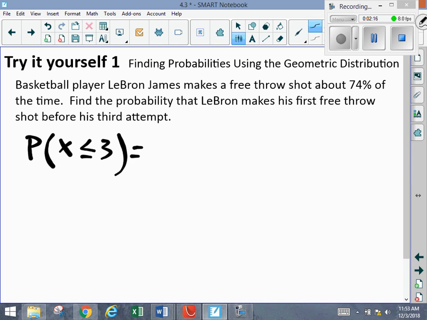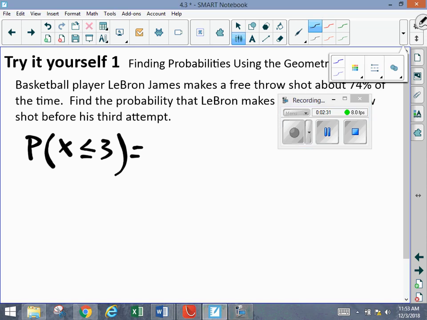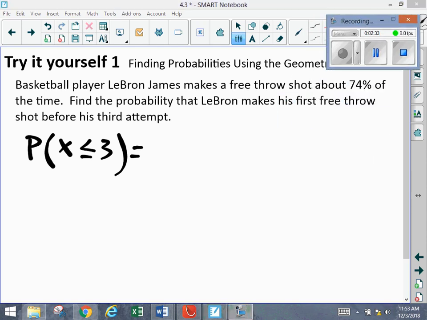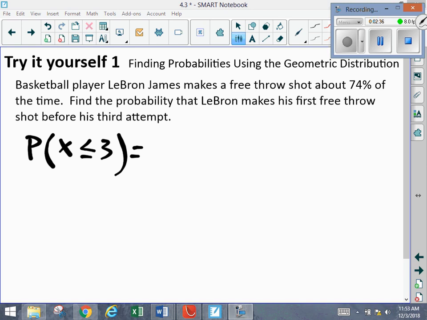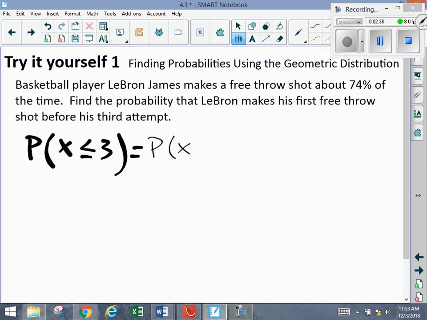Because that would be weird. It doesn't make sense in this context that you would make a shot on the 0th time. It's weird, right? So, what that is going to be then is the probability that X is equal to 1 plus the probability that X is equal to 2.